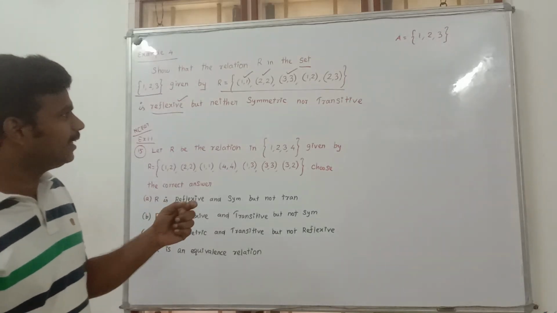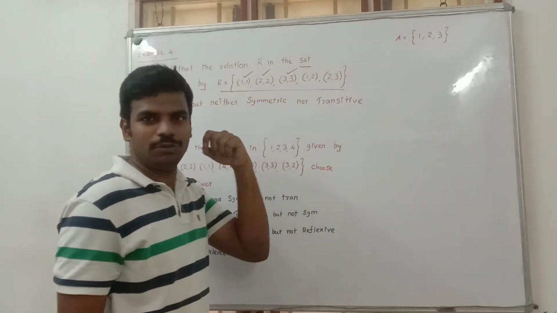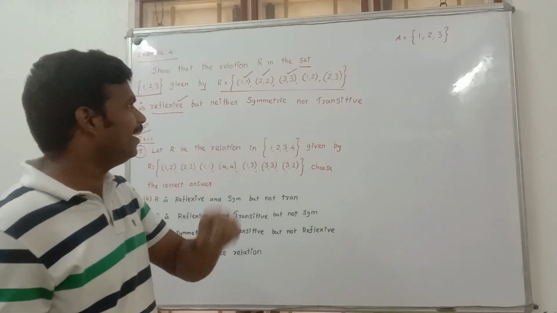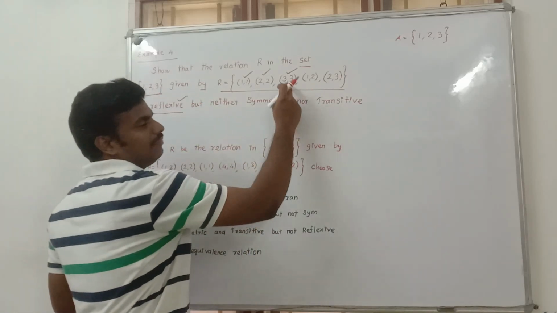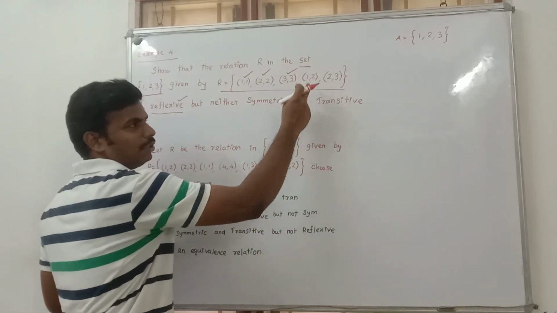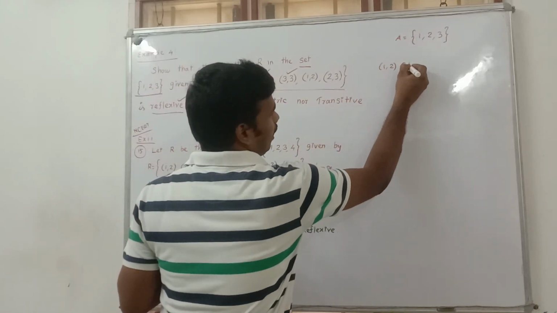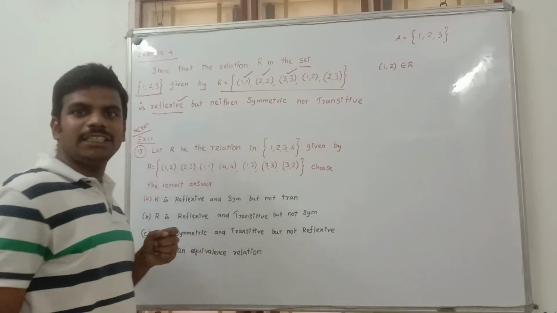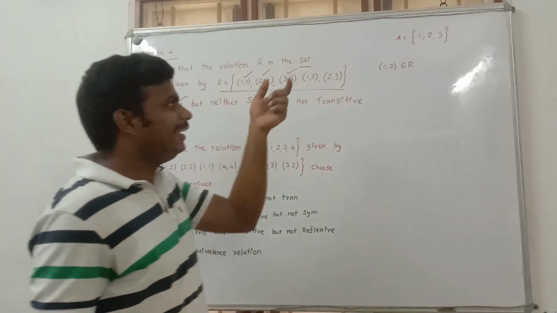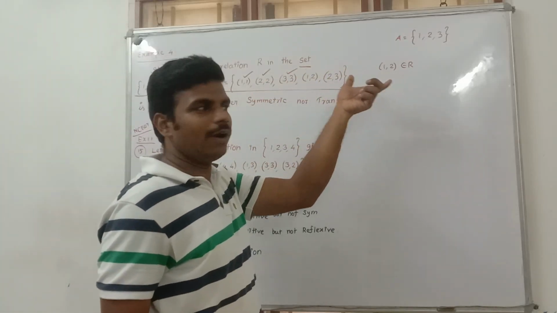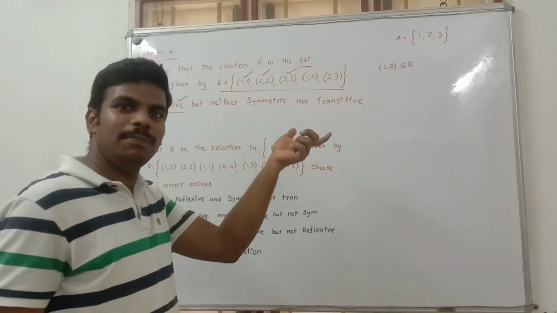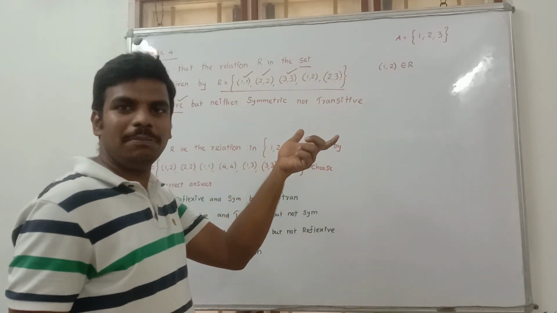When we discuss the concept of symmetric and transitive, we have to check each and every element. So if we take (1, 2), because the element (1, 2) is given in the relation. As per the symmetry condition, what is symmetric? If (a, b) belongs to R, then there must be (b, a).